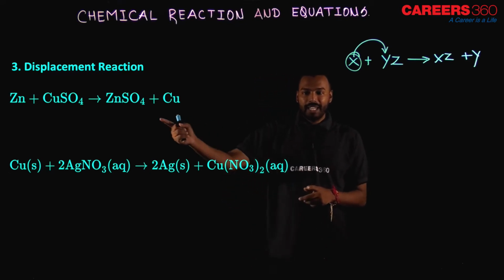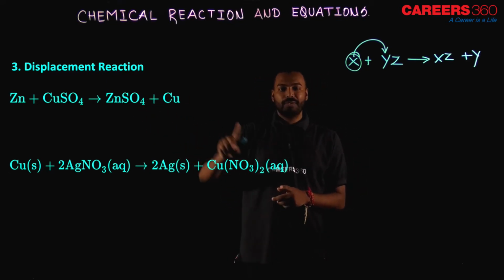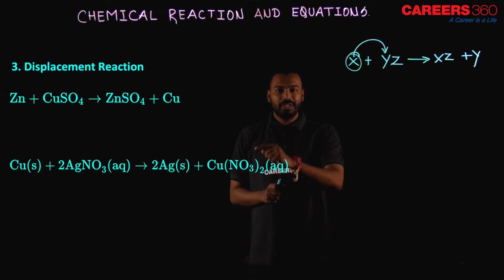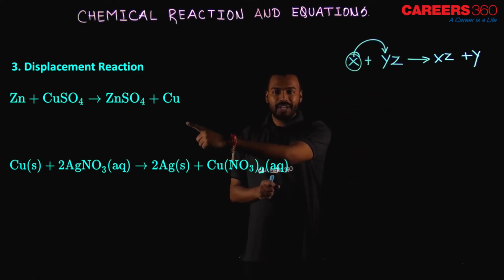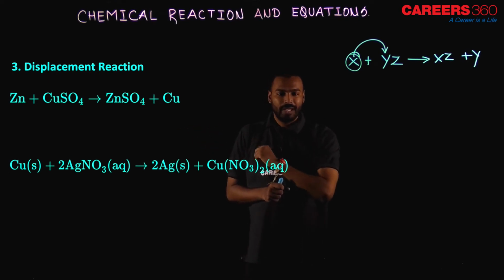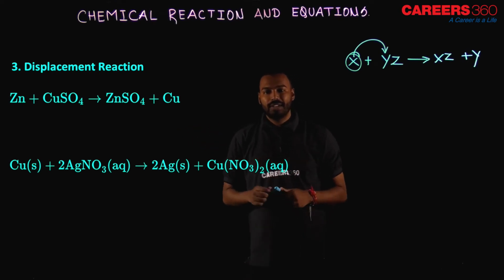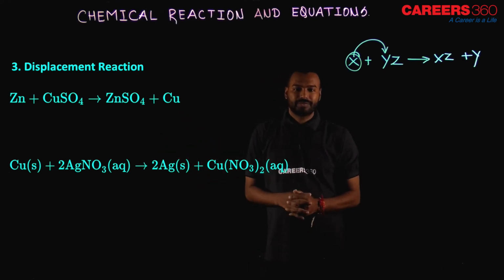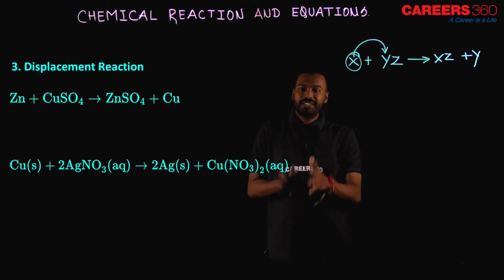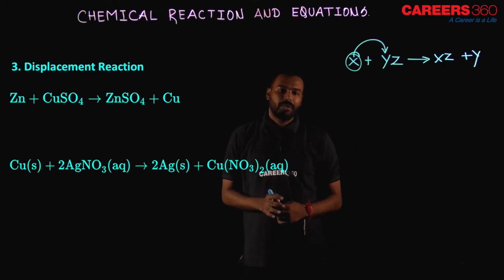Because Zn came and replaced the Cu. Cu is sitting alone and Zn is forming a bond with the SO4. So in this reaction, zinc is more reactive than copper, so zinc replaced the copper and ZnSO4 plus Cu form.